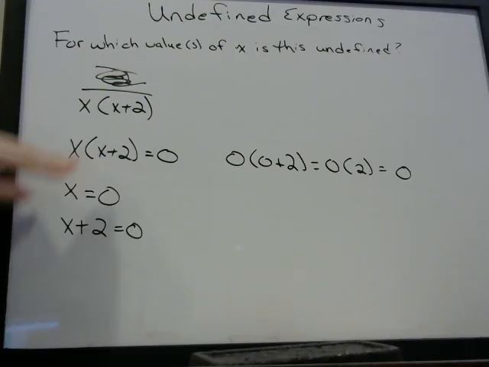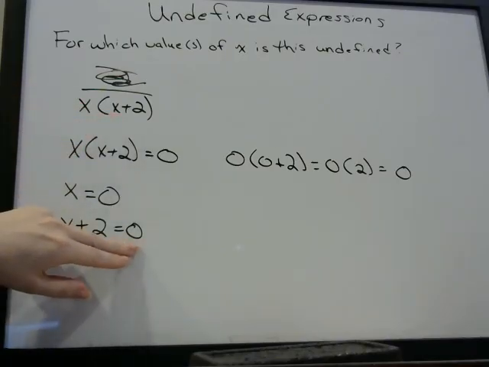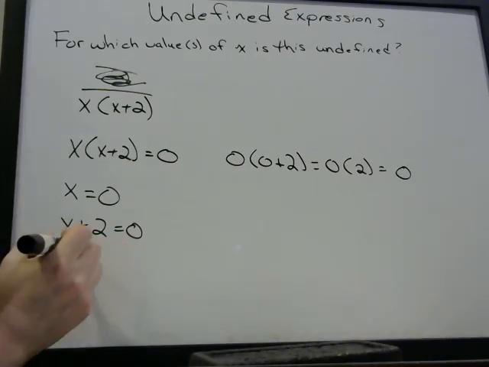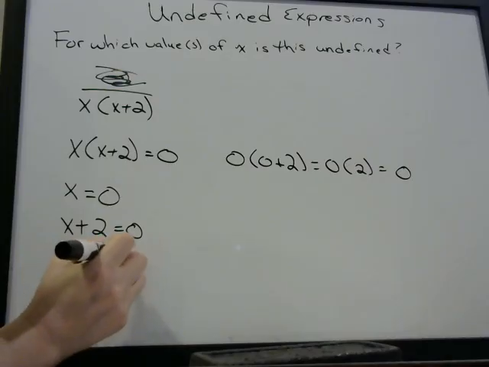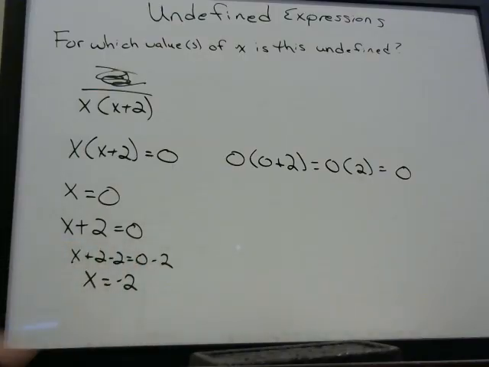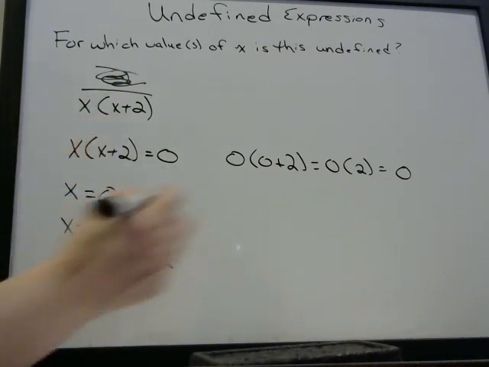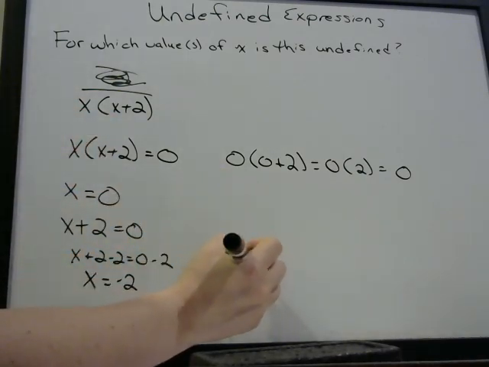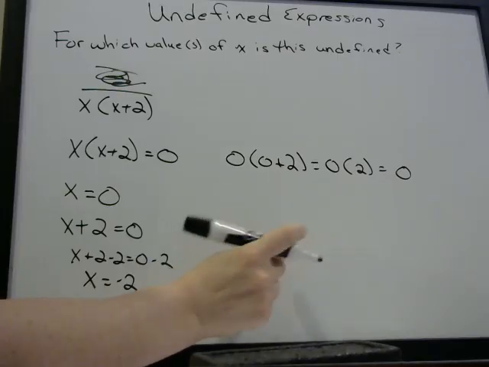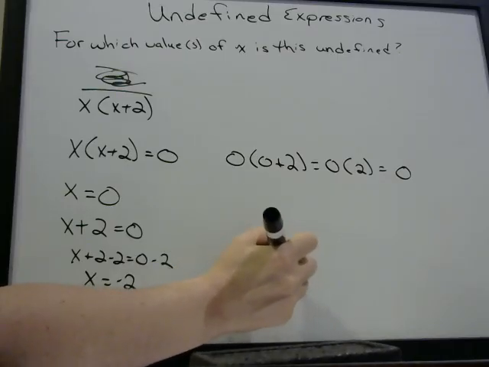The other time that this is going to be 0 in the denominator is if x plus 2 equals 0. So again, an algebra problem, hopefully you can just see the answer. But to do the algebra, we'll subtract 2 off of each side. X equals negative 2. So here, if we plug negative 2 into this expression, we'll have negative 2 times negative 2 plus 2.